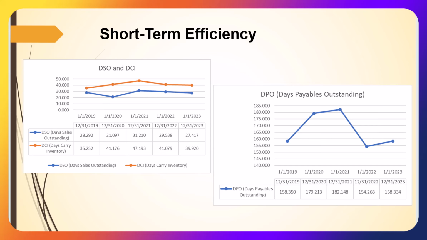Days payable outstanding tells us the average time it takes us to pay our credit. And we can see that from 19, 20, and 21, there was a very big slowdown for this company. Now, this ratio is sometimes clouded by some of the data that's provided by companies and the ratios themselves.